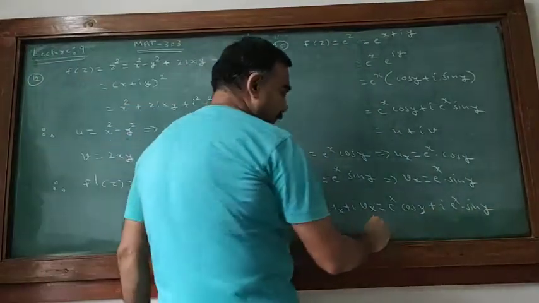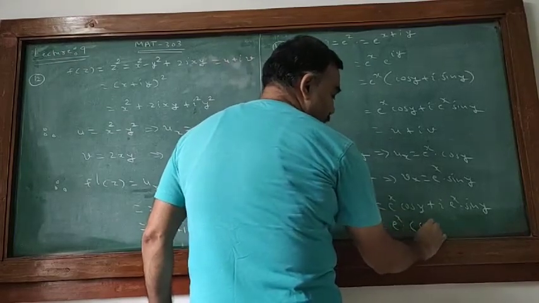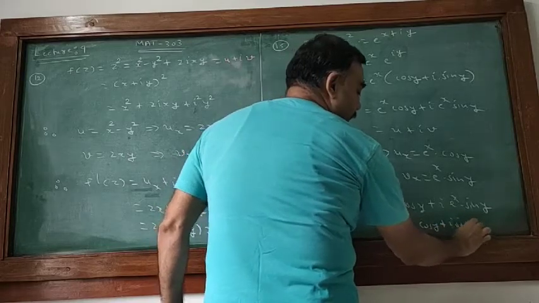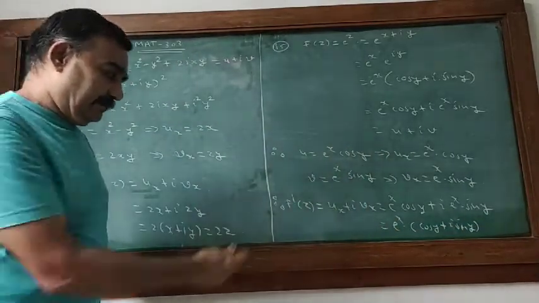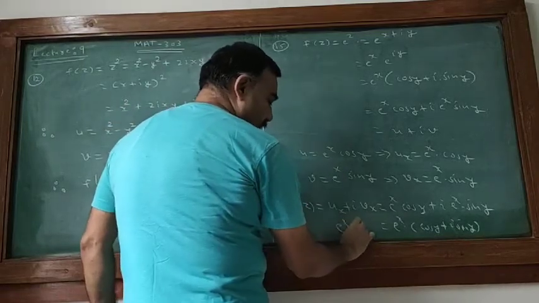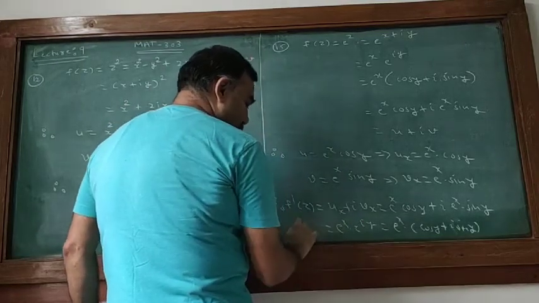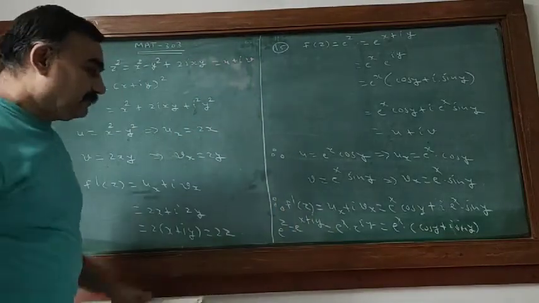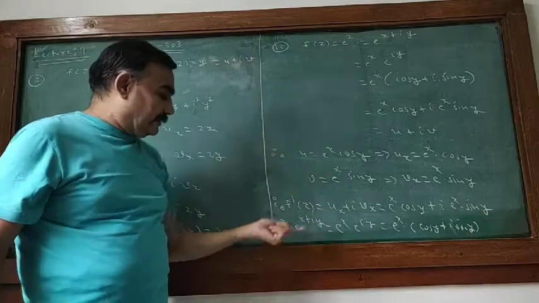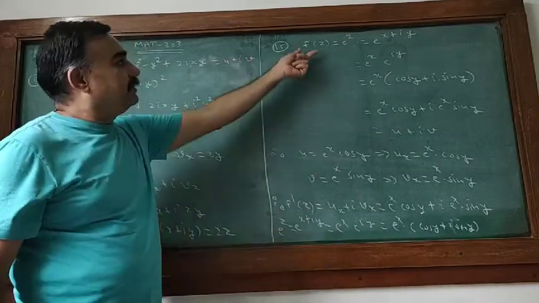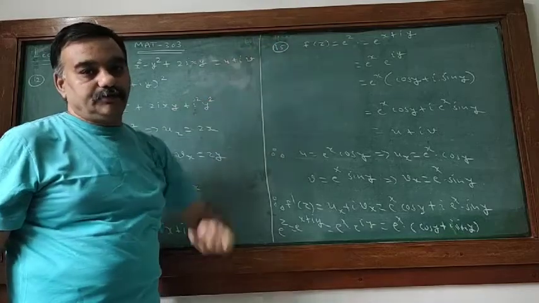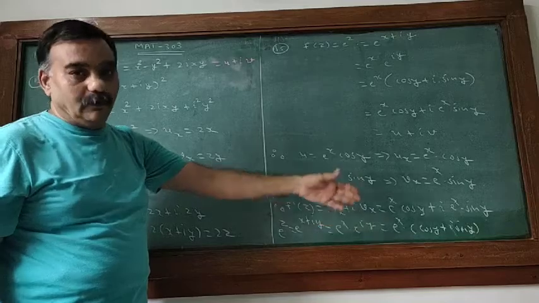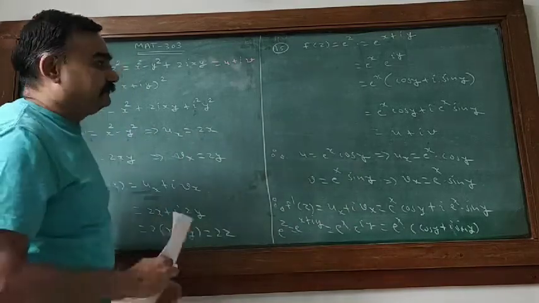Now we take e raised to x in common, cos y plus i sin y, and obviously this is equal to e raised to x e raised to iy, and therefore e raised to x plus iy, and this is equal to e raised to z. Means differentiation of e raised to z is e raised to z, and we know that by the definition also. And this is by the procedure we found using the Cauchy-Riemann equation.